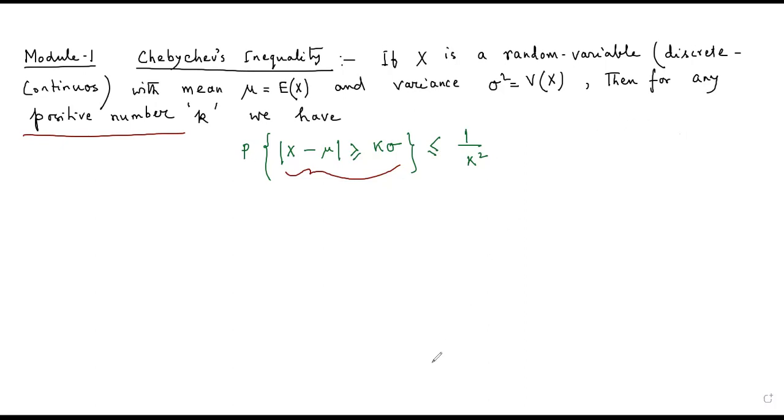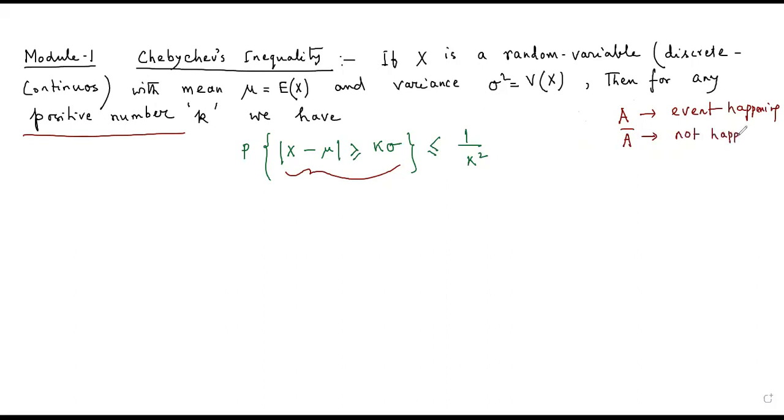Now, to understand this particular expression, let me talk about something different. Say, for example, we have an event capital A. In general, we have an event capital A. Capital A means this event is happening, and its complementary event is denoted by A bar, that the event is not happening.